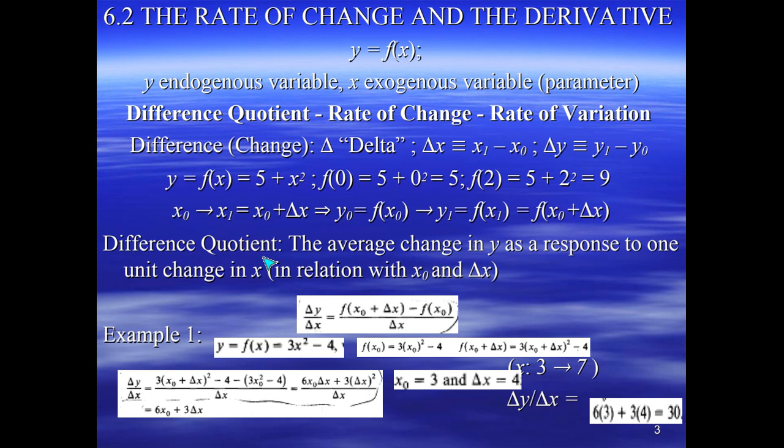So the difference quotient is the average change in y as a response to a 1 unit change in x, in relation with x0 and delta x, of course. The initial position of x, x0, and the change in x, which is delta x. You see, we have the formula here as well.